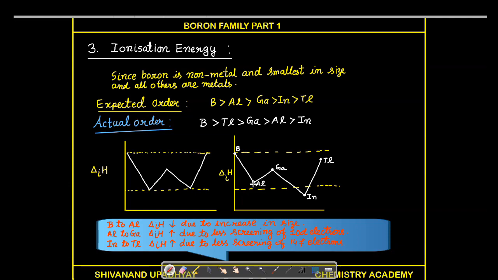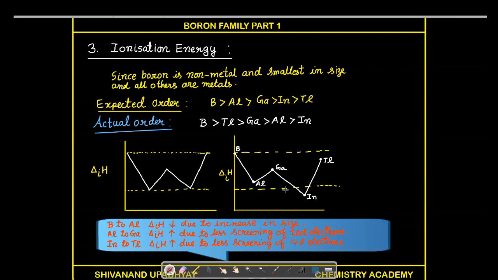In gallium, for the first time 10 electrons come in 3d, and the screening effect of 3d electrons is less. So from aluminium to gallium the ionization enthalpy increases due to the poor screening effect of 10 d electrons in gallium. Again, here it is unexpected. It should go down, but it is going up, right?